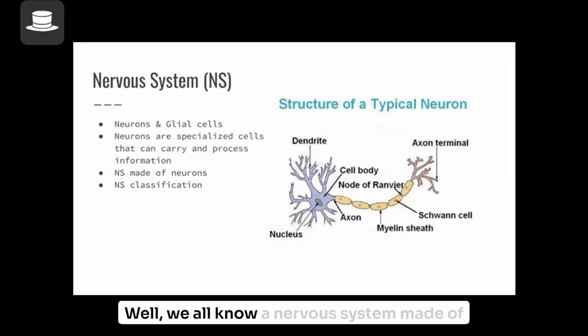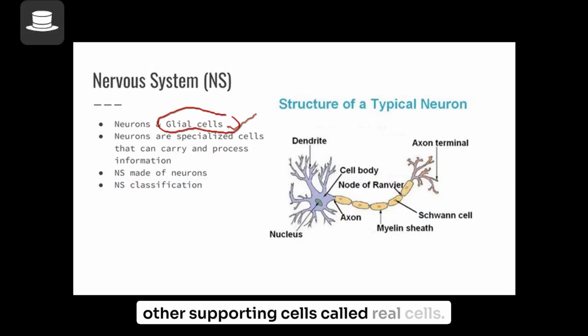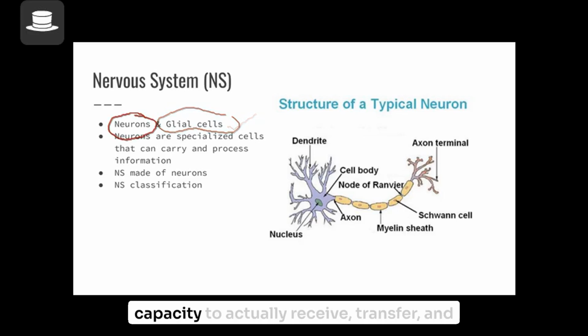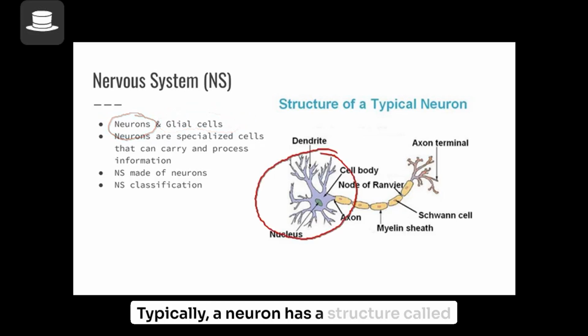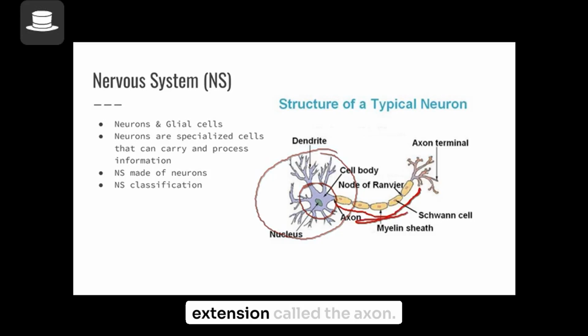Well, we all know a nervous system is made of neurons, and not only neurons, but there are other supporting cells called glial cells. Neurons are the special cells that have the capacity to actually receive, transfer, and process information. Typically, a neuron has a structure called the cell body or cyton, and one large extension called the axon.